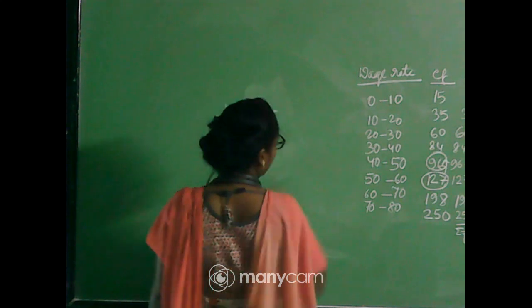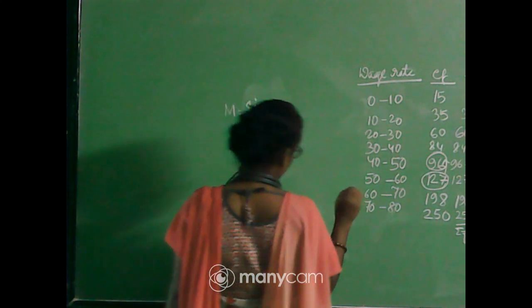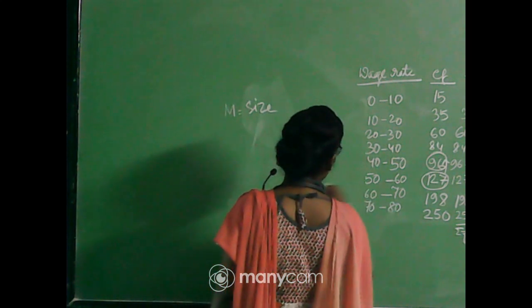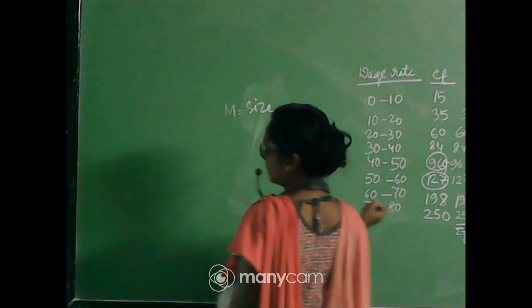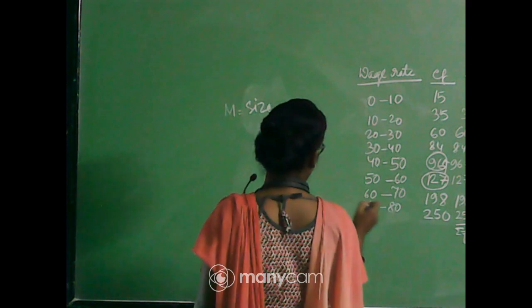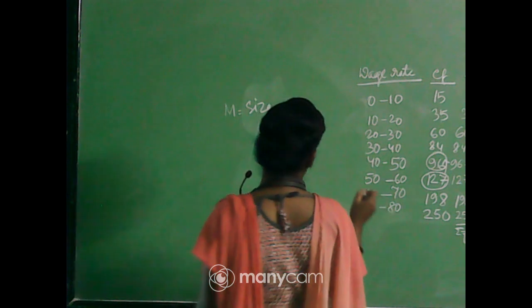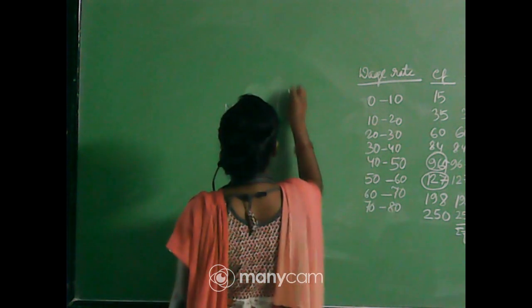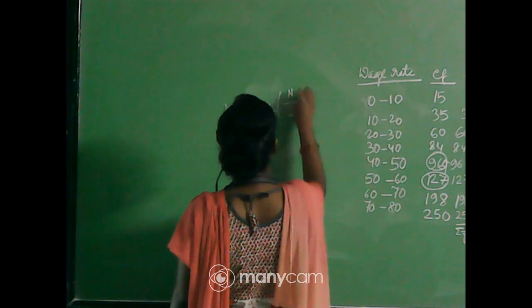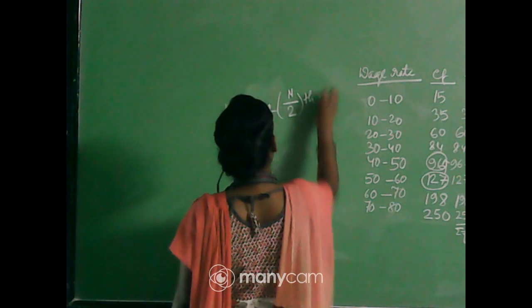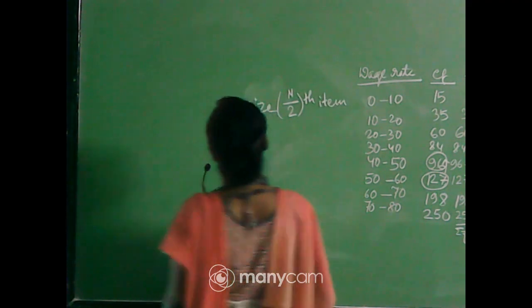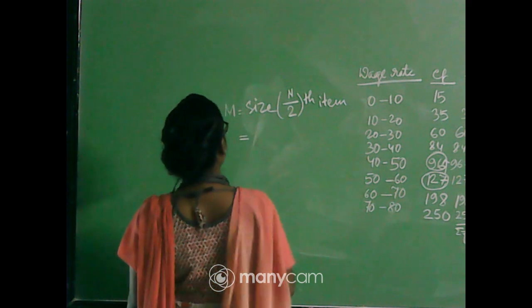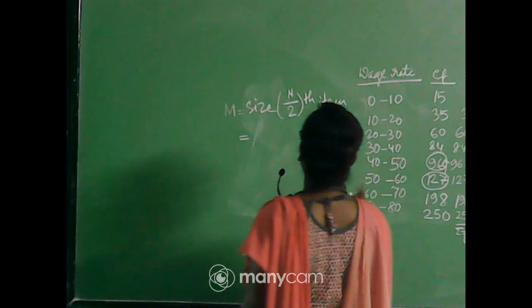Okay. At the end of this, draw one line, and after this line, write down summation F is equal to capital N is equal to 250. If we add all these frequencies, then we get 250. Now we have to find the size of the item.